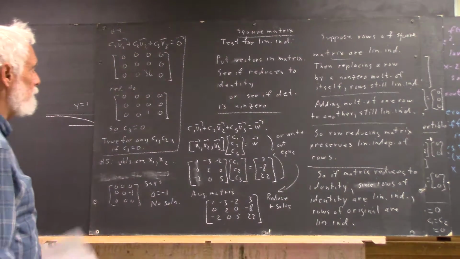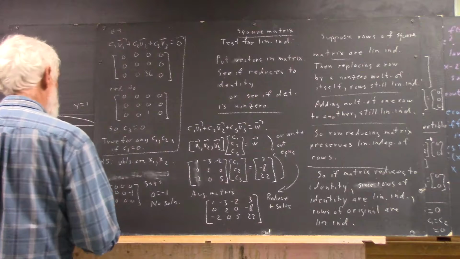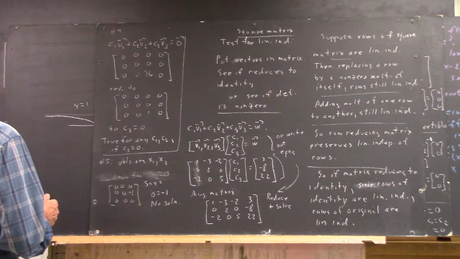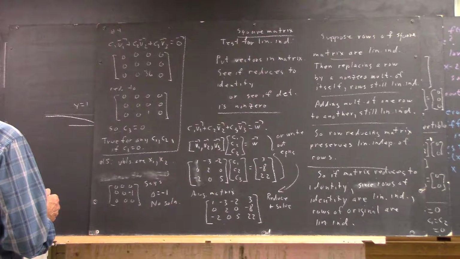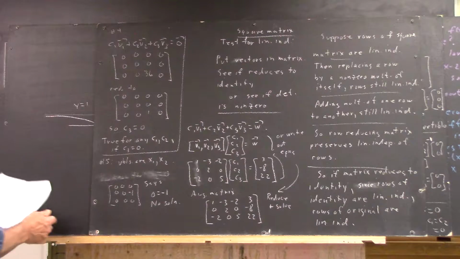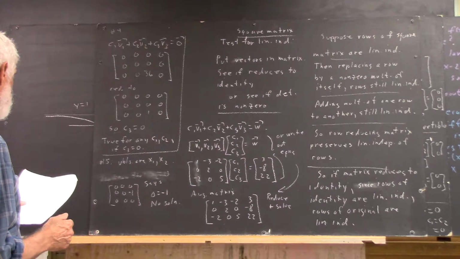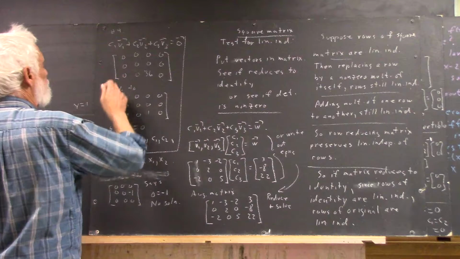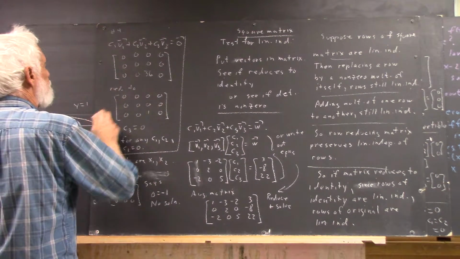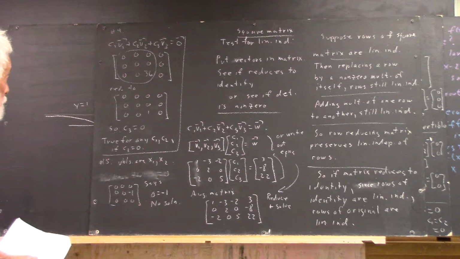Okay, now there was a question that might seem a little weird. If the matrix, and I didn't specify what the matrix is, but the matrix would be just this matrix, okay?